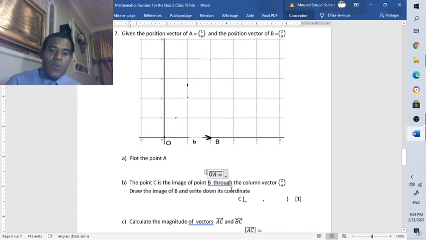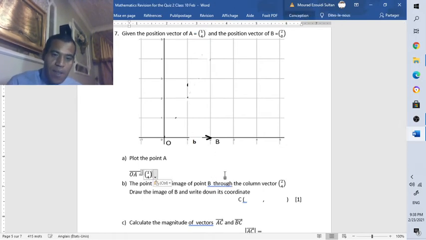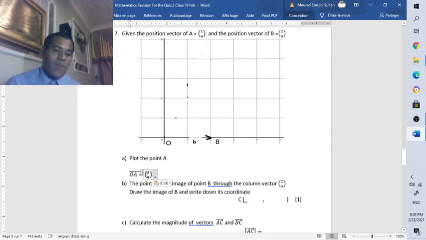Is equal to, we told (1, 4), isn't it? And this means that the image of O is A. So we start from the origin. That's why this one is called the position vector of A. So the coordinates of A are the same as the component of this vector.